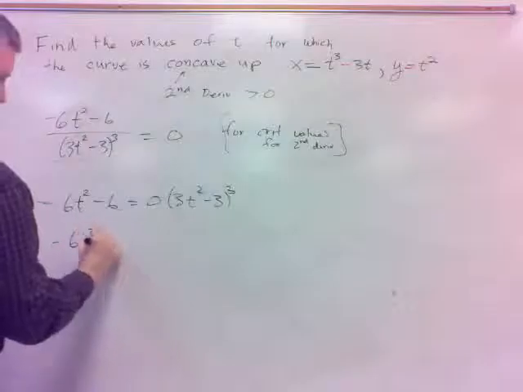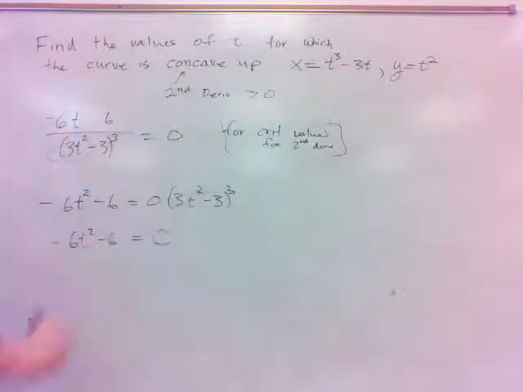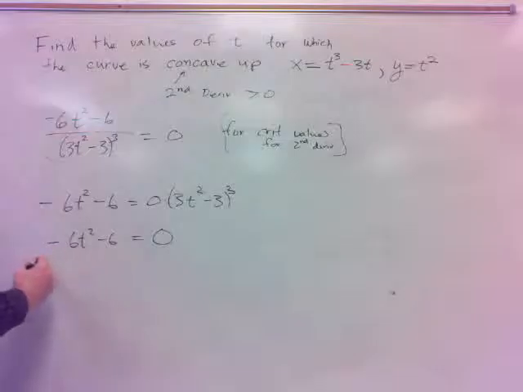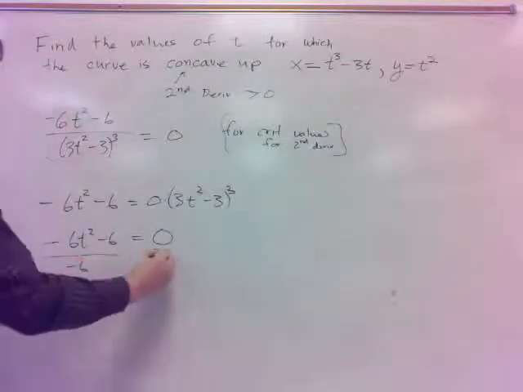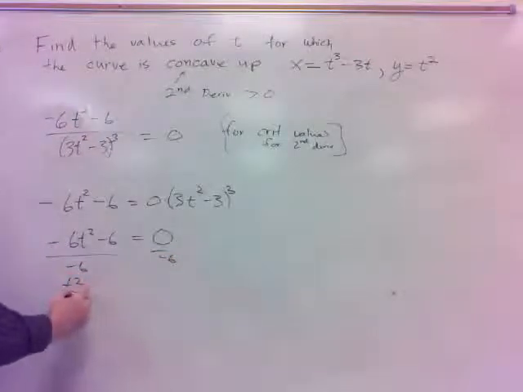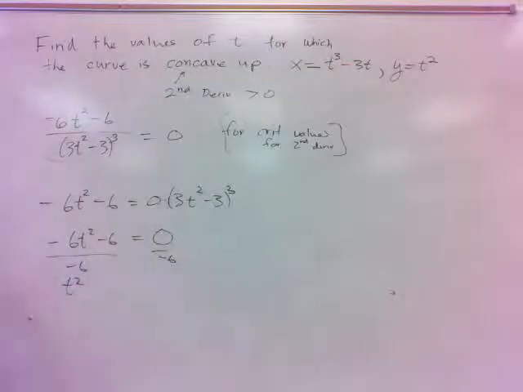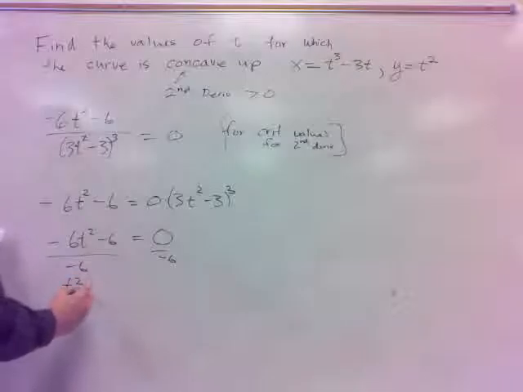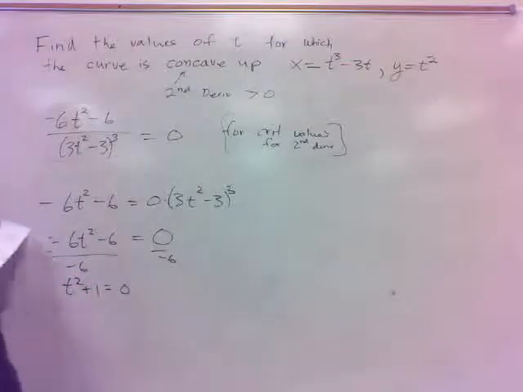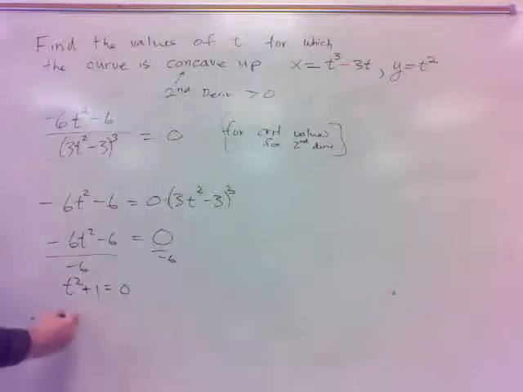So negative 6t squared minus 6 equals 0. Divide everything by negative 6, and that gets me t squared plus 1 equals 0. Well, as far as real values, there is no real solution.